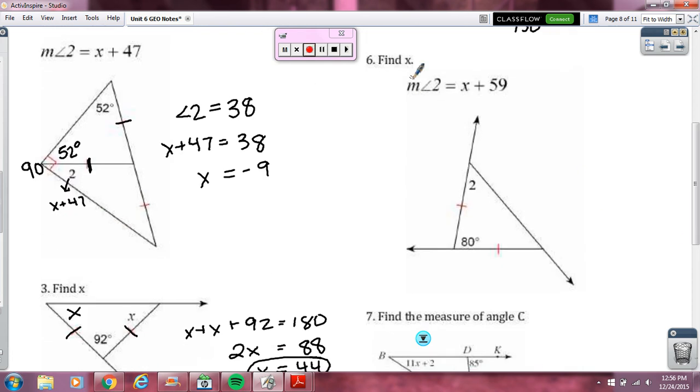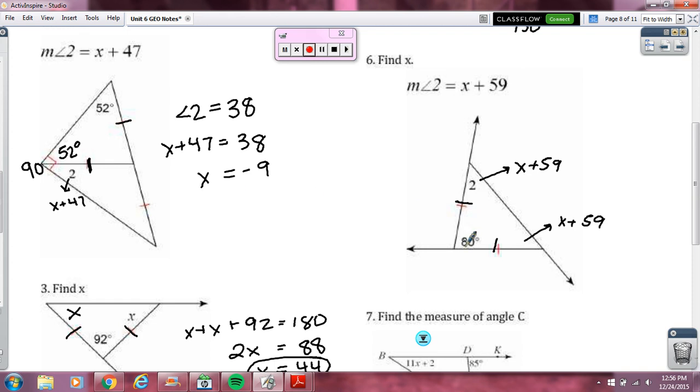Find x given that the measure of angle 2 is x plus 59. See these marks? That means that I have sides that are the same. So if this angle is x plus 59, so is this one. And you can solve this in a couple different ways.